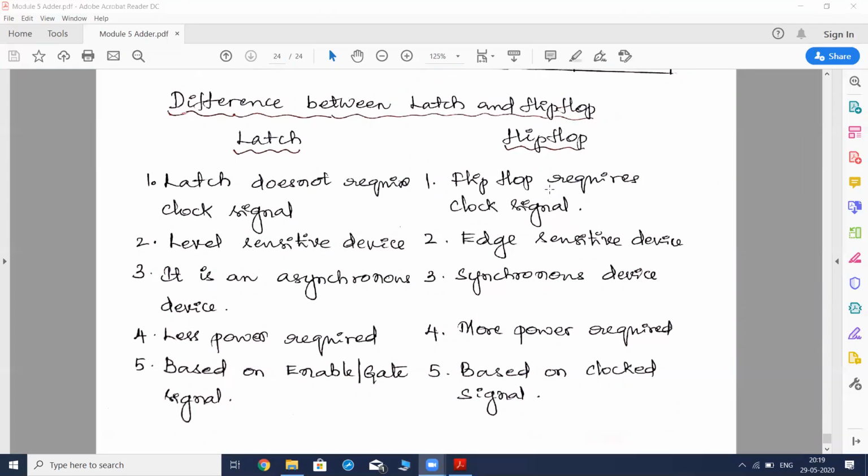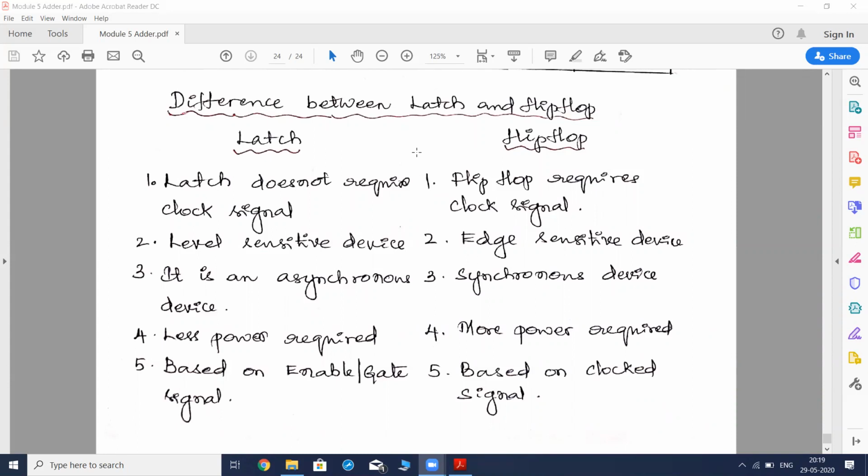Latches do not require any clock signal, but flip-flops require a clock signal. This is the first difference. Then, latches are called level sensitive, but flip-flops are edge sensitive. Regarding level as well as edge, we have already seen in the clock discussion what is the edge and what is the level.